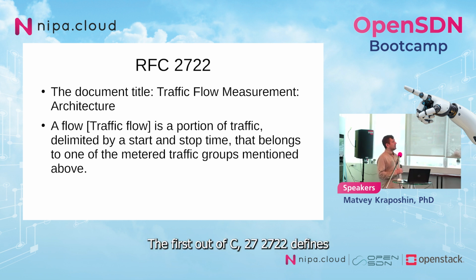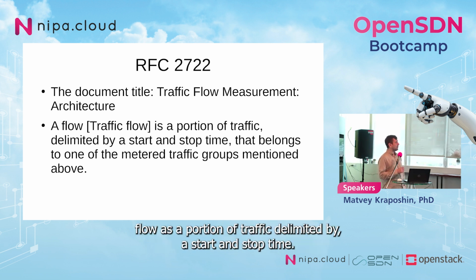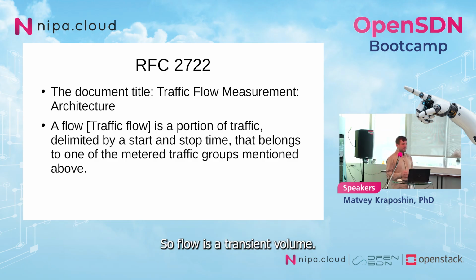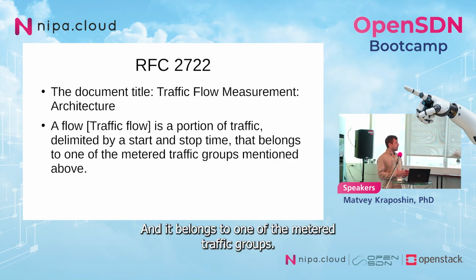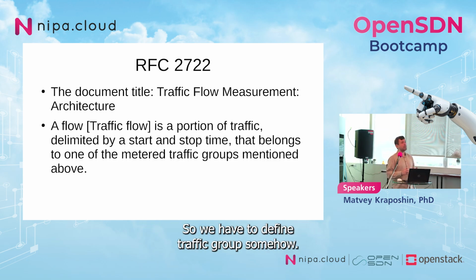The first RFC, 2722, defines flow as a portion of traffic delimited by a start and stop time. So flow is a transient value, so it lives only for a period of time. And it belongs to one of the metered traffic groups. So we have to define traffic group somehow.